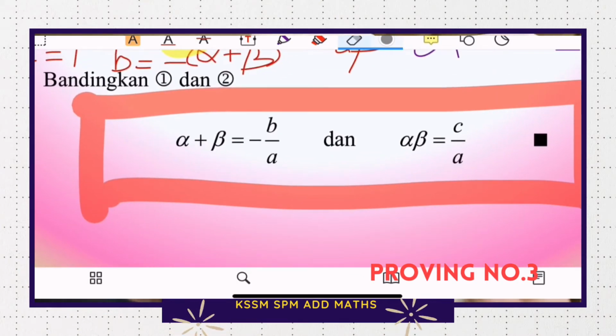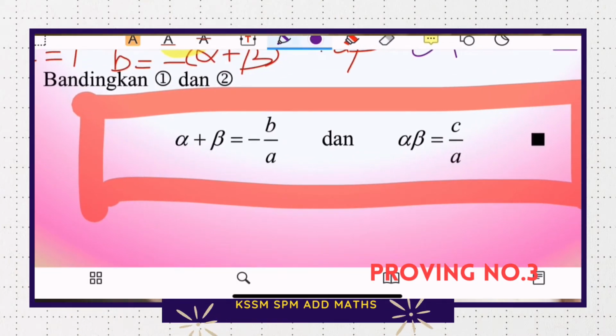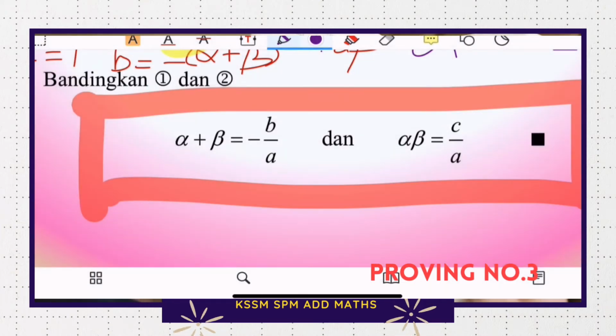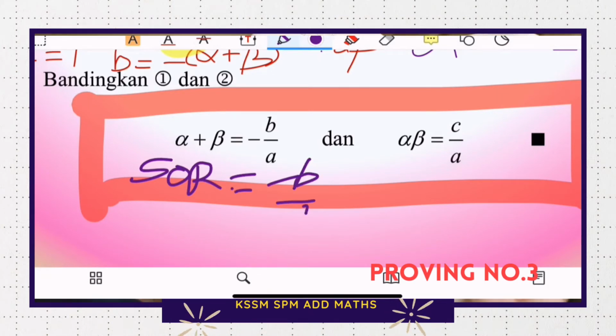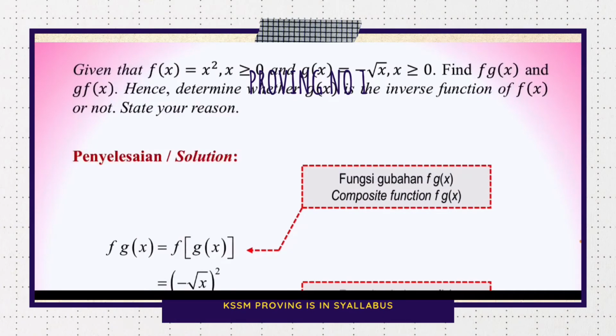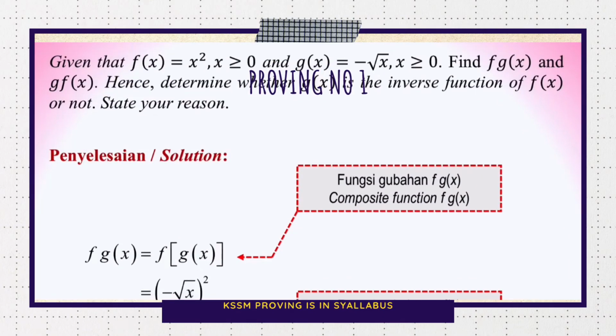So this is so-called sum of the root and the product of the root. So we call sum of the root is negative b over a, and POR is equal to c over a. This is a syllabus for the proving of the Form 4 syllabus and also Form 5 syllabus.